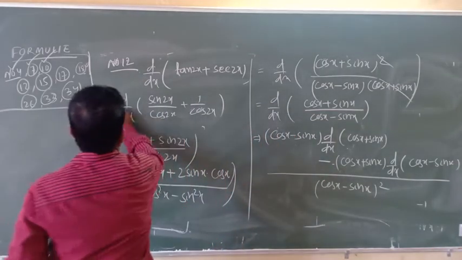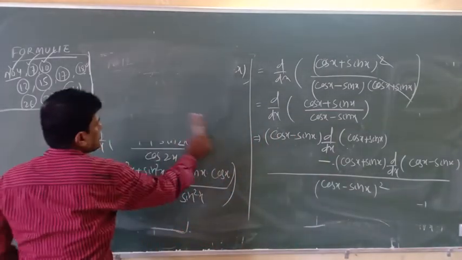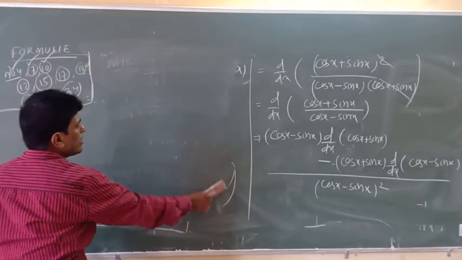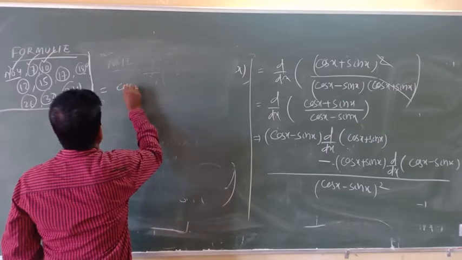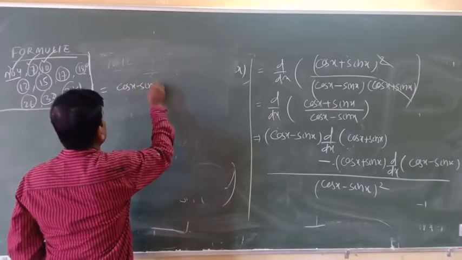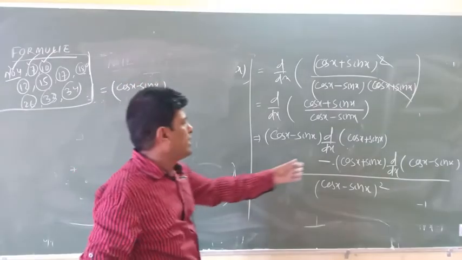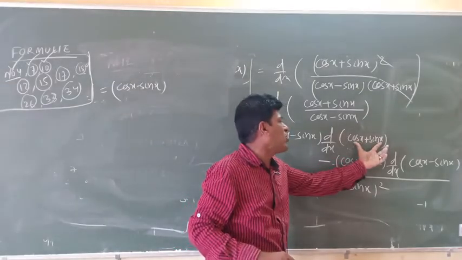Now look here: cos x minus sin x is constant, and the derivative of sin x is cos x and the derivative of cos x is minus sin x.